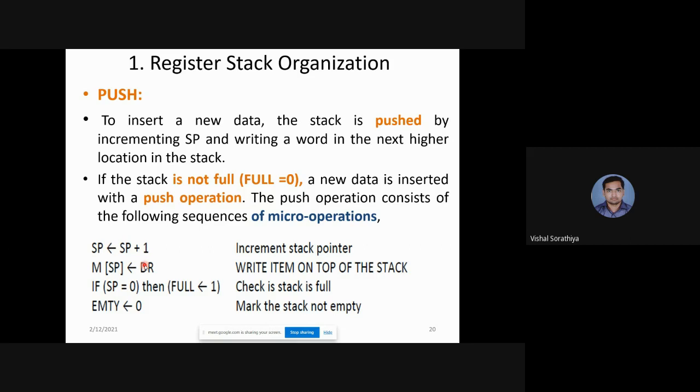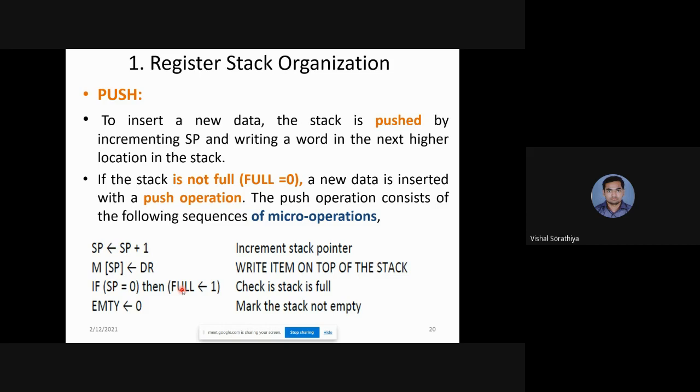After inserting the data in the stack memory, you check whether the stack pointer is at the last location. If the stack pointer is 0, it means it is the last location, so your entire stack is now full. So you directly say full equal to 1.